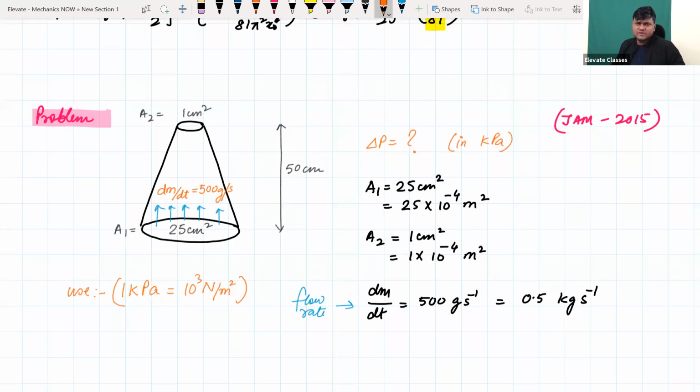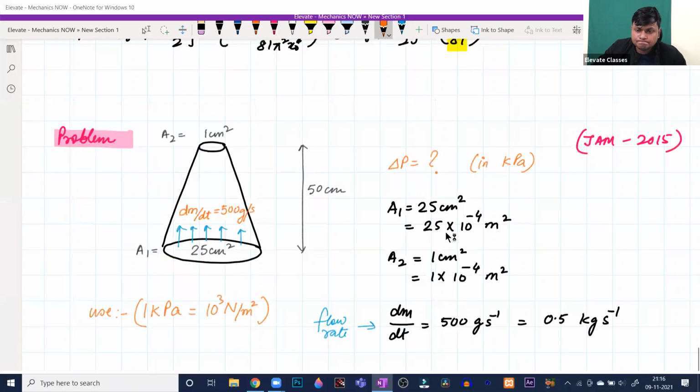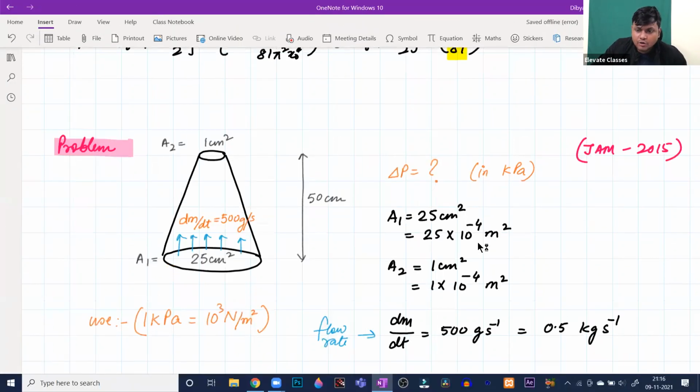Question is same as before, you just have to find the pressure difference. Pressure difference can be found out by velocity. Velocity can be found out from area. Ipshita, your answer is correct.